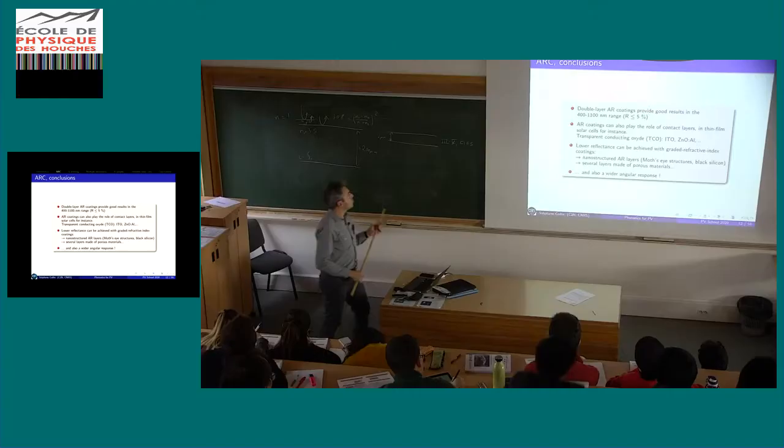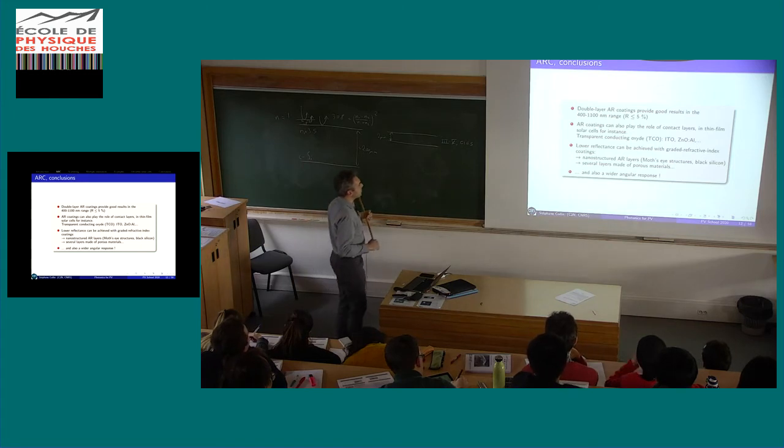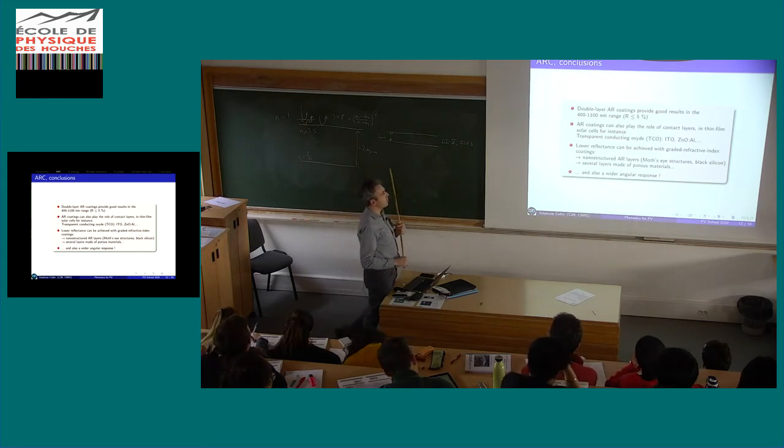So the conclusion for this first part is that with double layer anti-reflection coating, you have good results in this wavelength range.